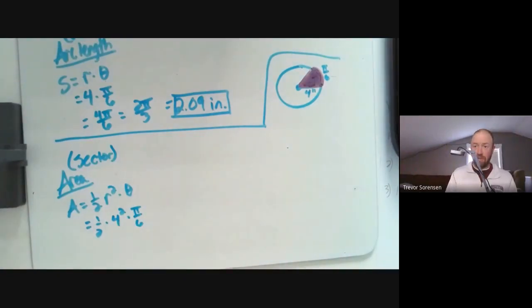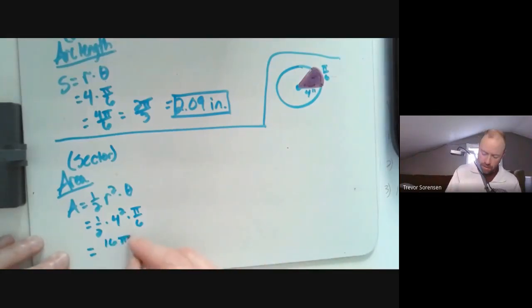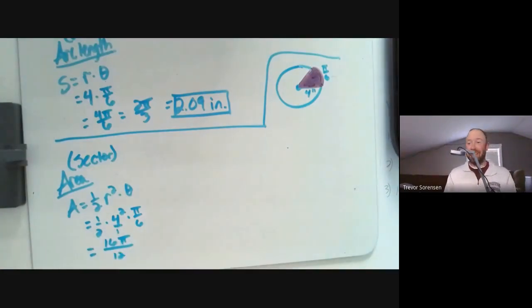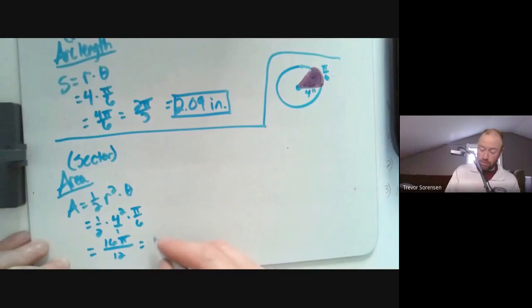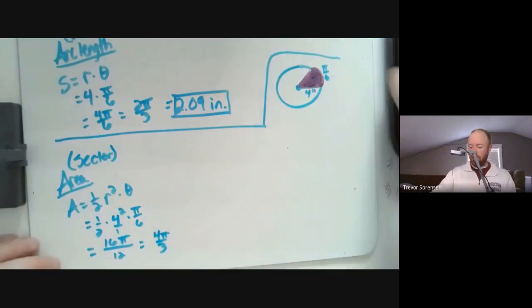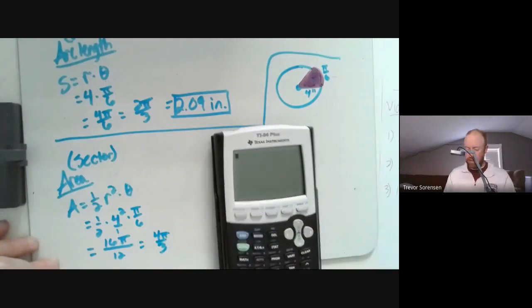Well, 4 squared I know is 16. I'm going to do some of this work in my head just to speed up the calculation. So I know it's 16 pi, so remember that's over 1, and then 2 times 1 times 6 is 12. Okay, again, if I want to simplify further, I can before typing it in. And well, 16/12 can reduce to 4/3, so this would be 4 pi over 3, which will just make my calculating a little easier.